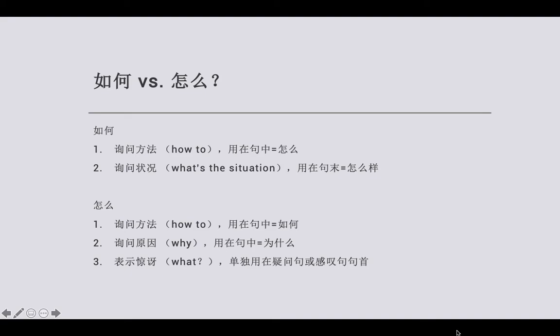The third one, you can also put 怎么 at the beginning of an interrogative or exclamatory sentence separately, and it is to express the surprise of the speaker when listening or when facing a specific situation.